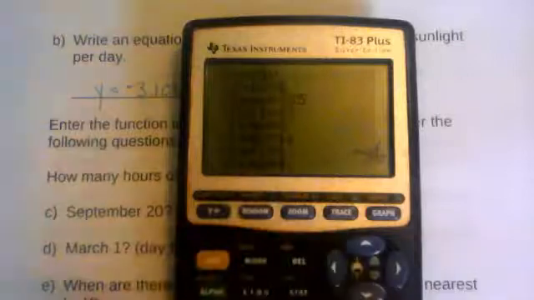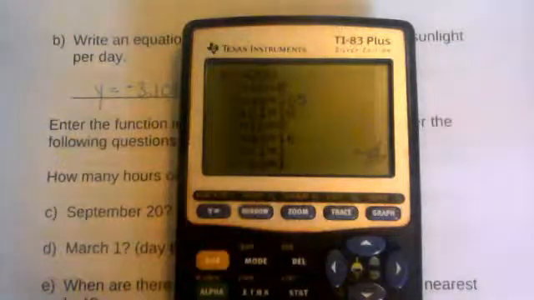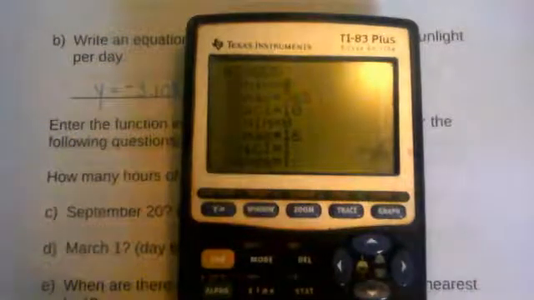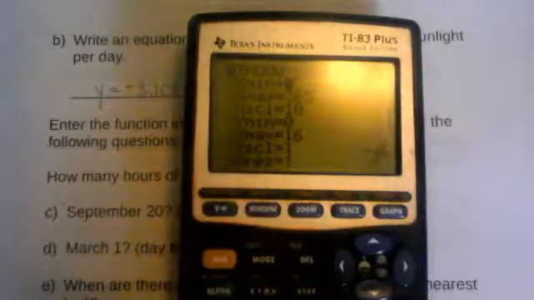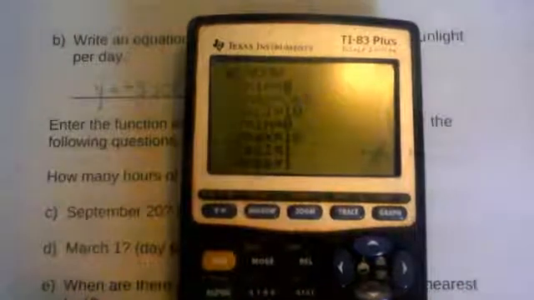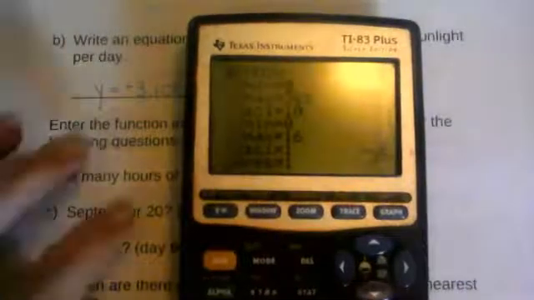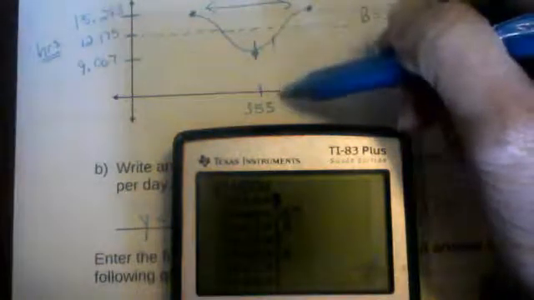Okay, so for our window, I went 0 to 365 and changed my scale to 10 so there wouldn't be quite so many marks. My y-axis, I went 0 to 16, but I am going to point out that since I only went to 365, it's going to show all the things that are going on over on this side of the graph that I didn't even sketch.